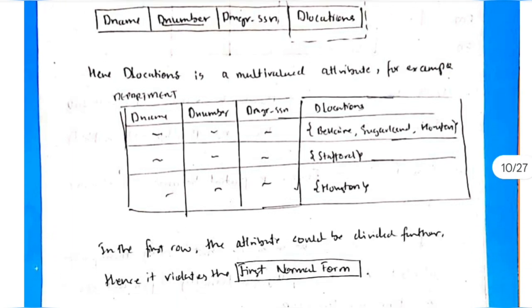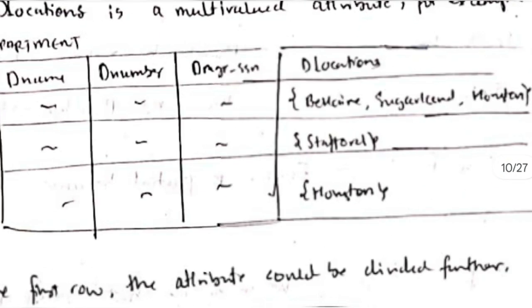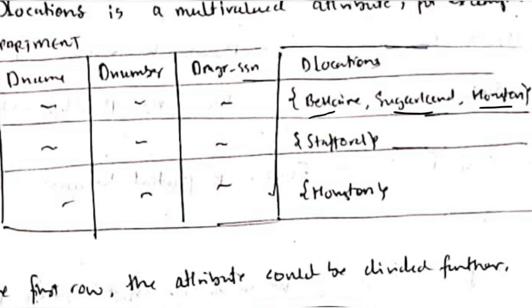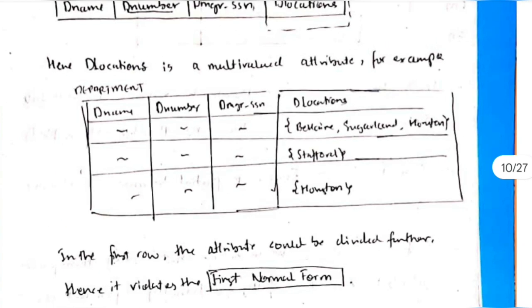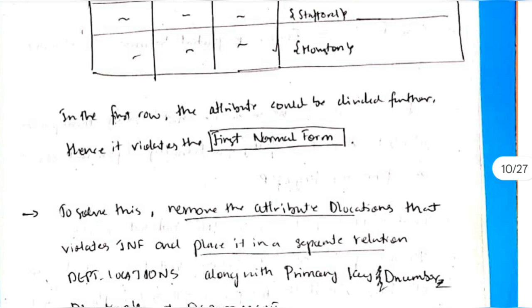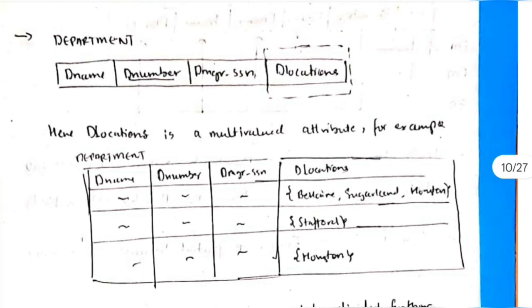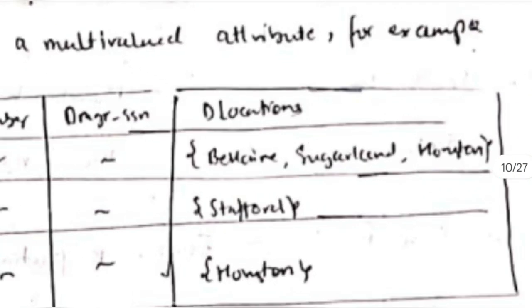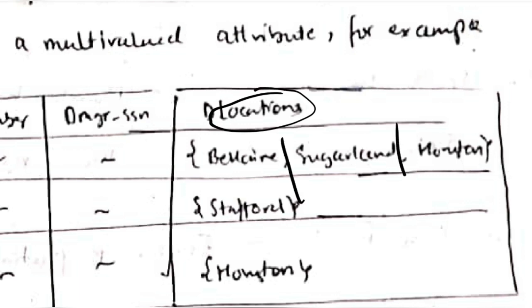If you see D location, we can specify D location in multiple values, right? So that should not be the case. There should be only one value. So it violates the first normal form. In first normal form, all the attributes which are present here should have one value. It should not be divisible. Since it has multiple values in D location, it can be divisible here, right?